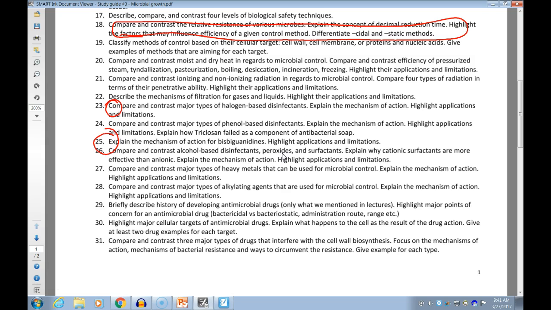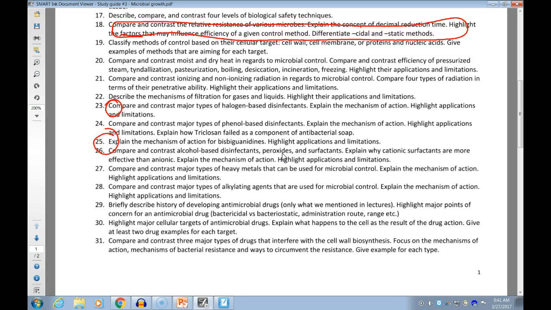Okay. Alcohol-based disinfectants, pretty much, this study guide goes slide by slide. Alcohol-based, peroxide, and surfactants. For alcohol-based: mechanisms of action, denaturation and membrane disruption; level of control, disinfection. For peroxides, we talked about hydrogen peroxide, we talked about peracetic acid.